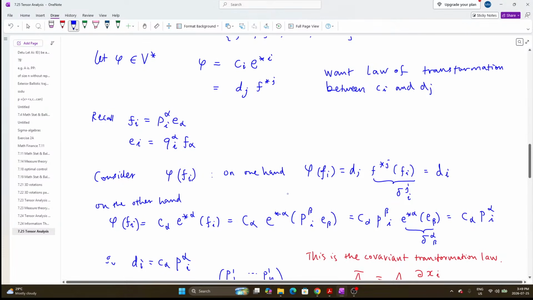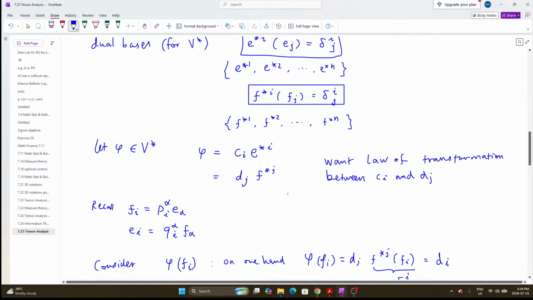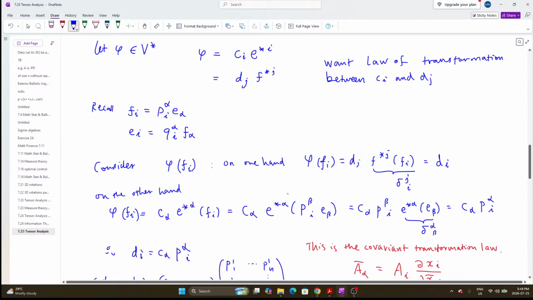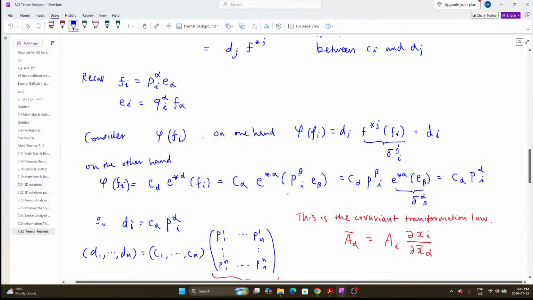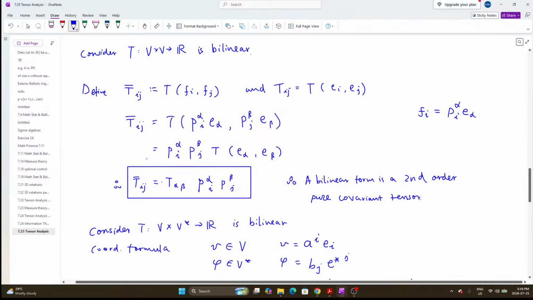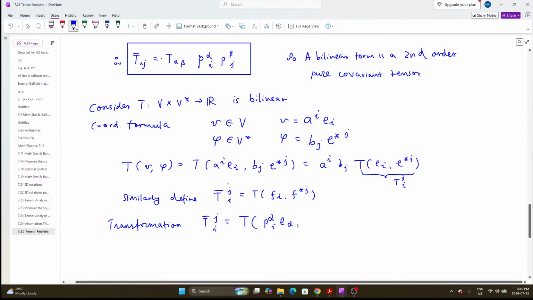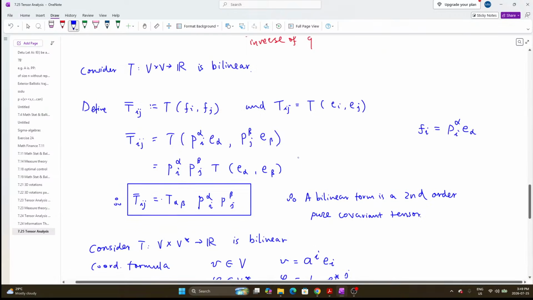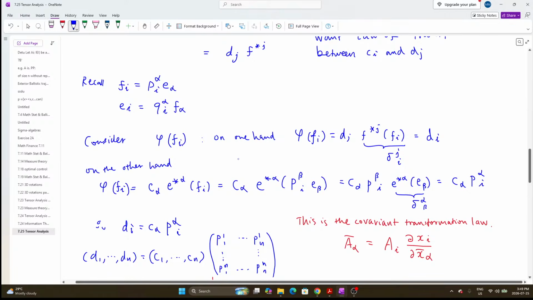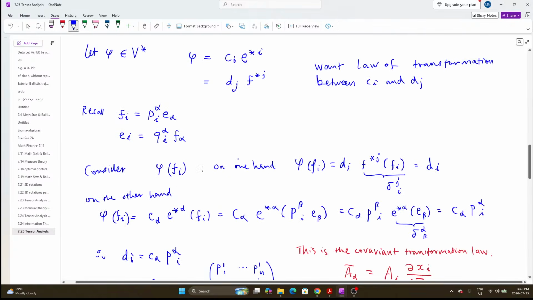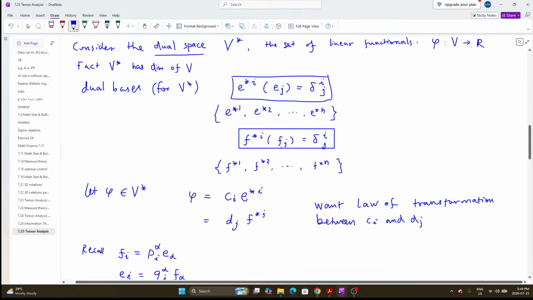We also have that earlier, right? Did we derive that? What is f star j in terms of e star j? Do we have that expression? Let's maybe go back and derive that. I feel like I haven't derived it. Let's just do that on the side.